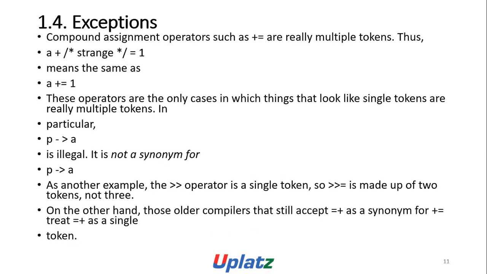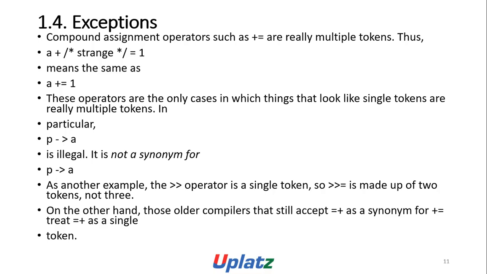Exceptions: compound assignment operators such as += are really multiple tokens. Thus, a + /* strange */ += 1 means the same as a += 1. These operators are the only cases in which things that look like single tokens are really multiple tokens. In particular, p = > a is illegal.